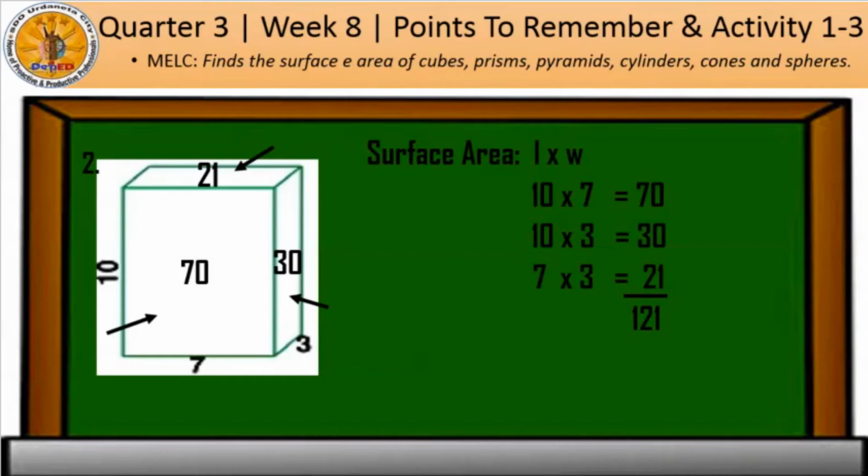Since we know that these sides are equal to their opposite sides, the next thing we have to do is to double those areas. So we have 121 multiplied by 2. That will give us 242. So the surface area of this rectangular prism is 242.